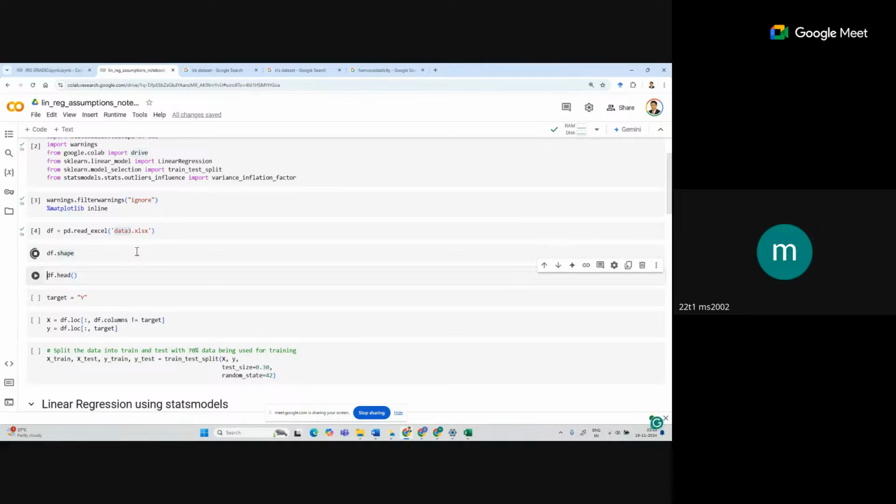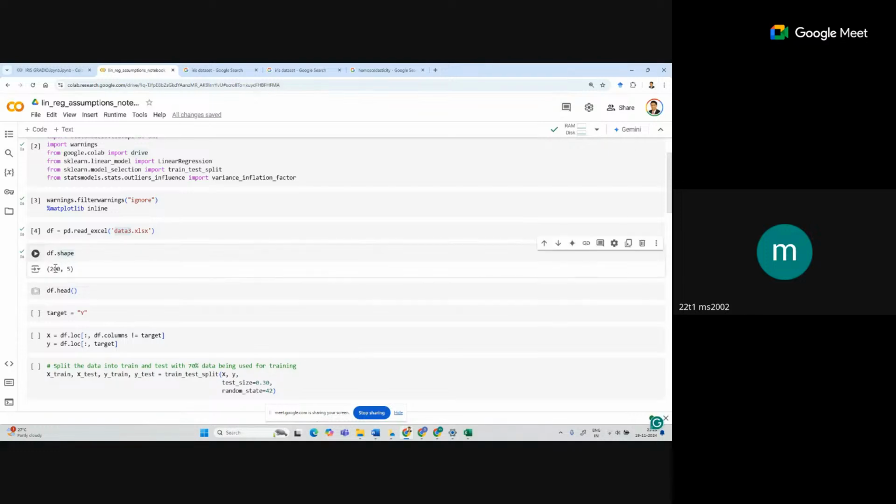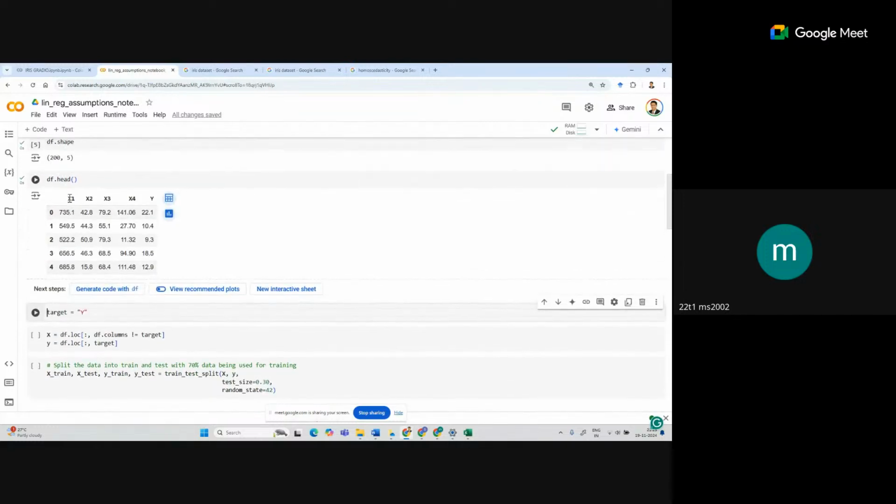If you look at the dimension of this data frame, it's 200 rows and 5 columns. So what are the 5 columns? X1, X2, X3, X4, and then the target variable, which is Y. This is how my data frame is looking.